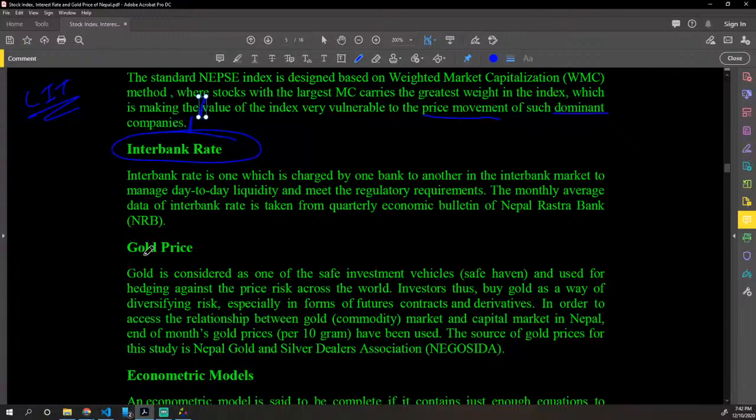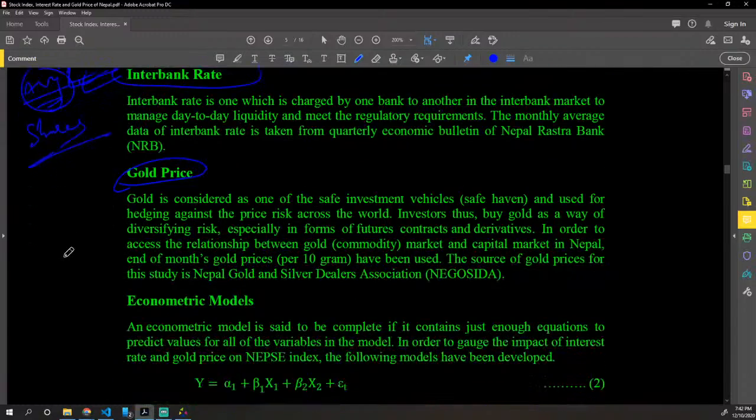Okay. And gold prices, of course you have to make some assumptions as well, right? But nowadays I think you can measure it based on the average lending rate of banks against shares, right? Gold prices. Gold is considered a safe investment vehicle, a safe haven, used for hedging against price risks across the world.